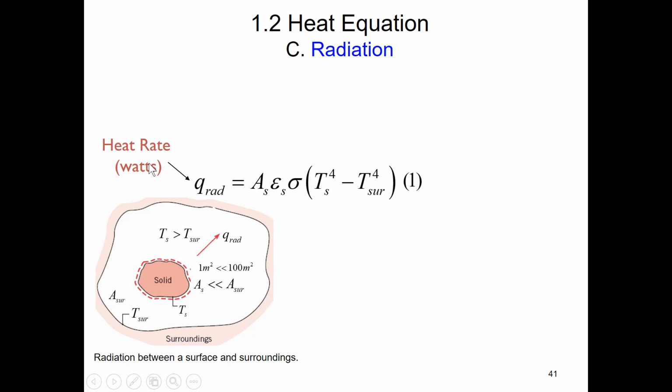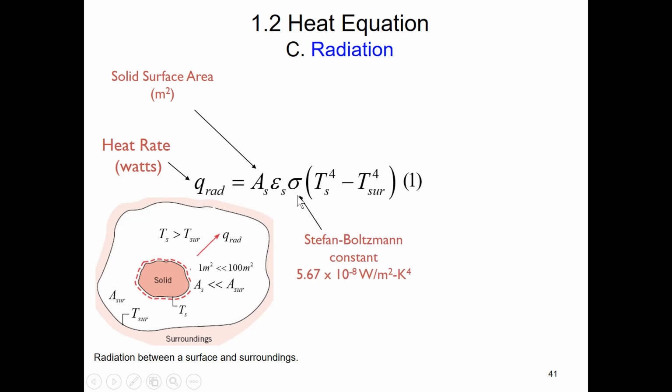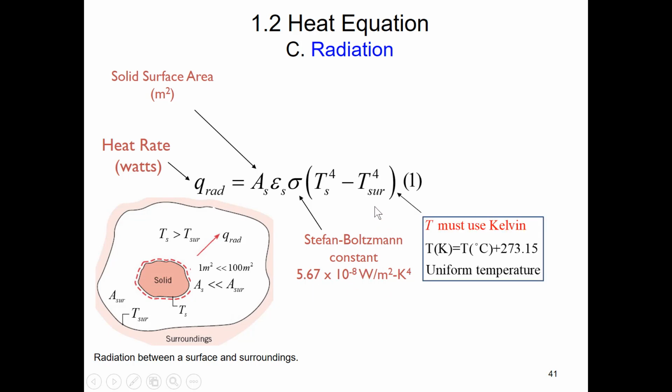Its heat rate can be calculated by the solid surface area As times a Stefan-Boltzmann constant times the temperature to the fourth power difference. And in this equation, the temperature must use Kelvin.